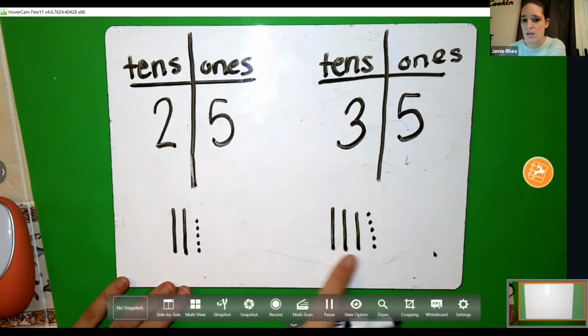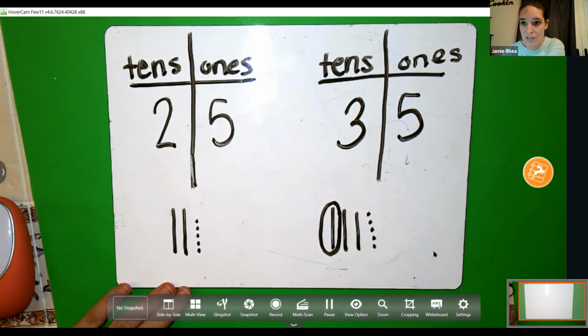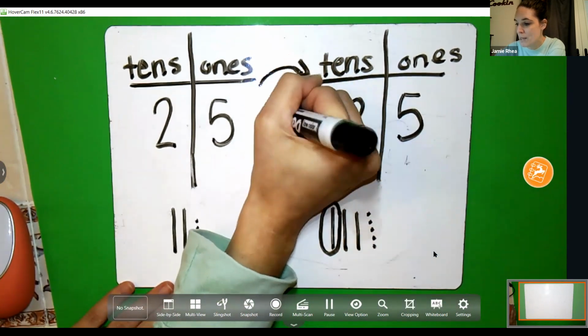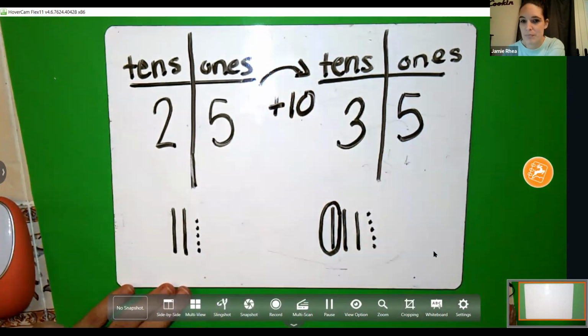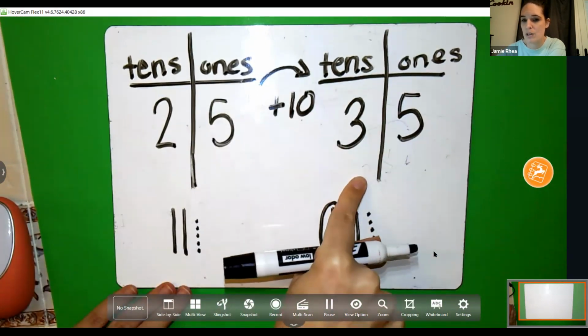How many here? 3. So how many more did we pick? One more 10, and the value of one more 10 is 10. So we could say it went plus 10. 25 plus 10 more equals 35.